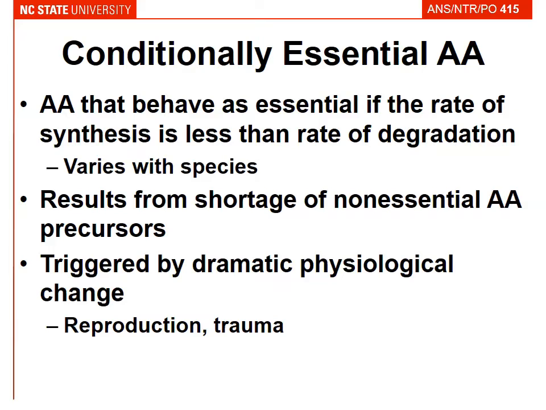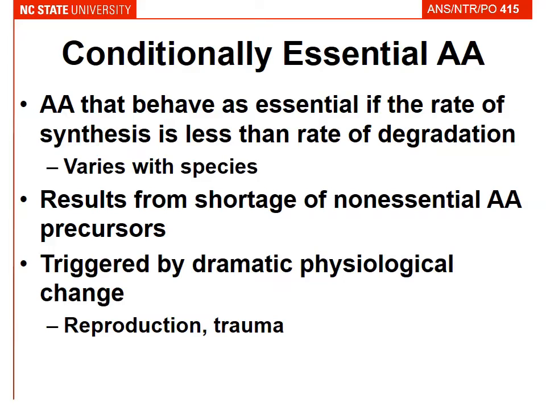For instance, you can utilize phenylalanine to make tyrosine. So if you don't have adequate phenylalanine, or you have only enough phenylalanine to cover its requirements, you're not going to be able to cover the shortage of tyrosine.